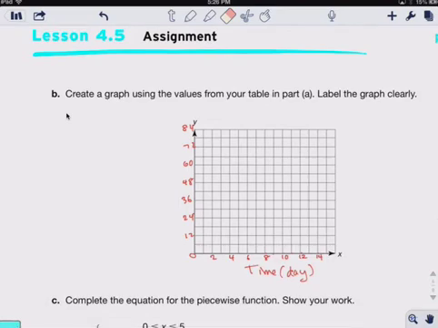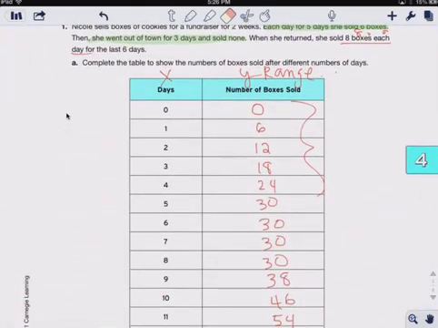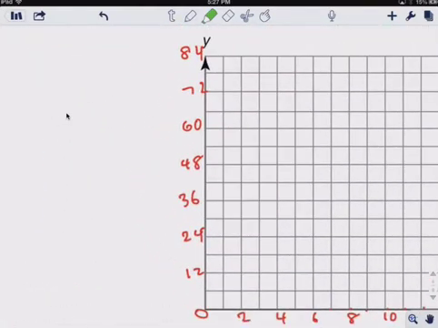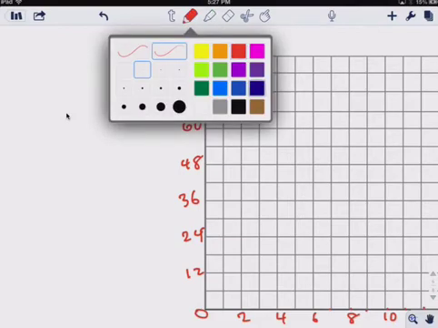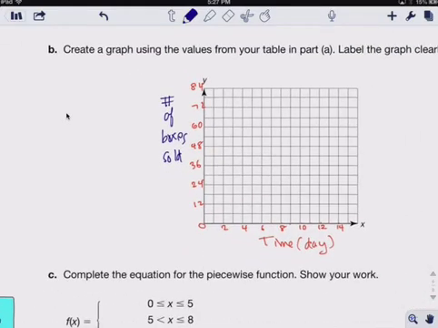So this is the days, and the other one, your Y, is the number of boxes sold. Okay, if it doesn't work, I'll be done with this soon.